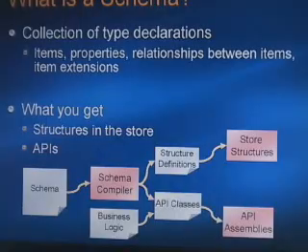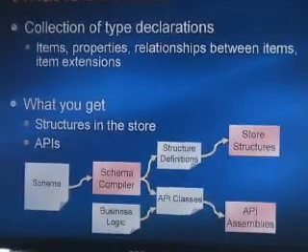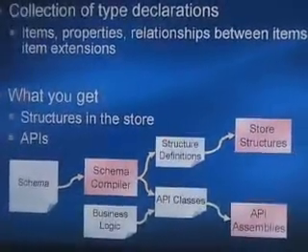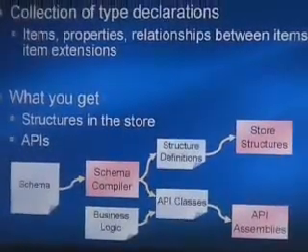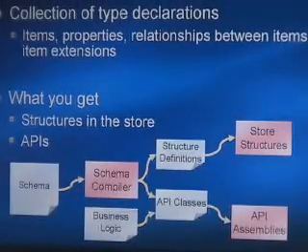That then produces structure definitions, which is what is used to define the actual store structures, and API classes, which eventually end up with something like API assemblies that you can include into your programming environment and use in order to program against the store. There is also, you'll notice, the ability to add in some logic to the APIs as a secondary step, so you can provide behavior along with the schemas.